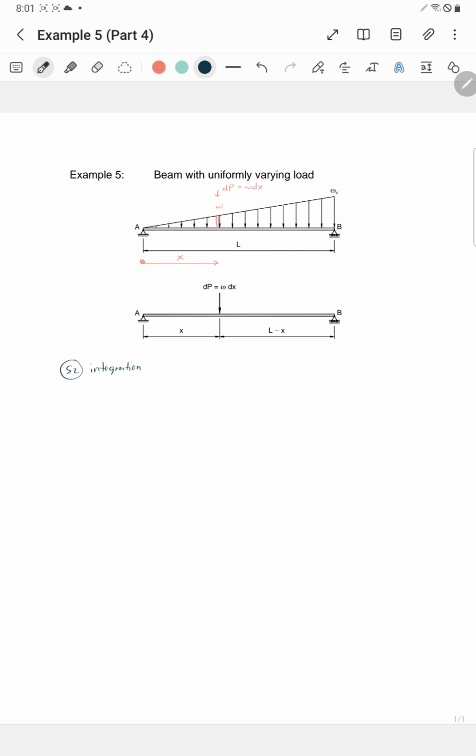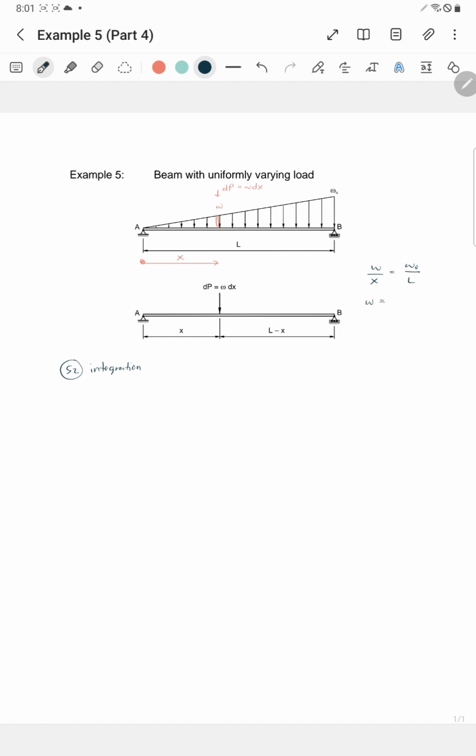Then by ratio and proportion, W over X equals WO over the length.